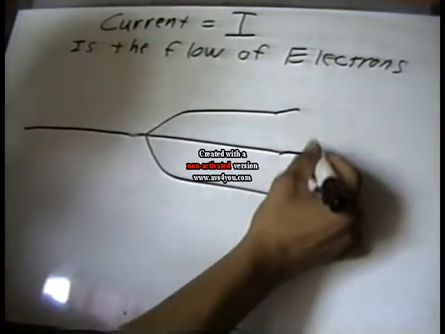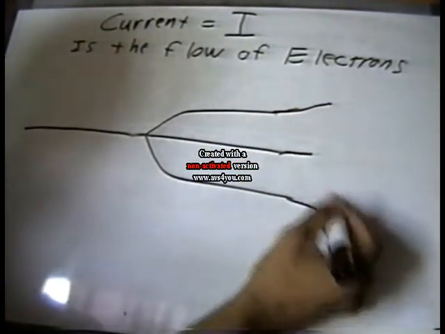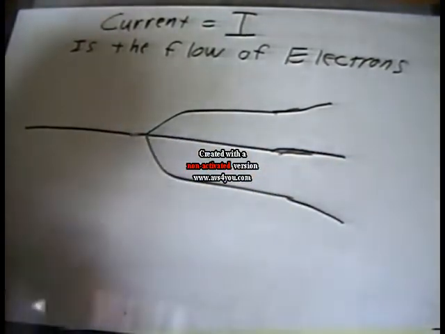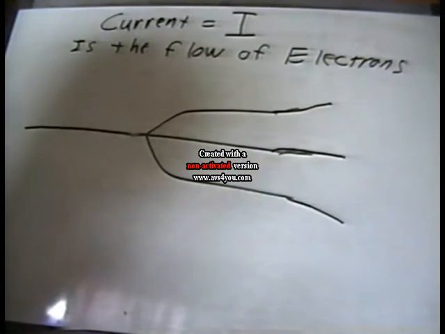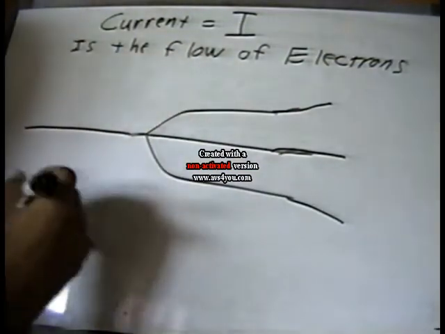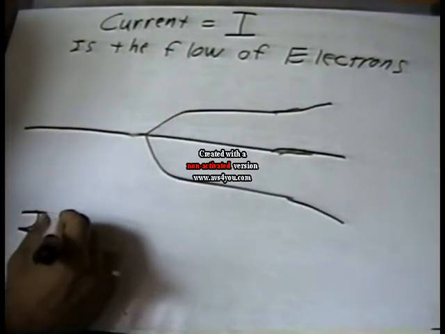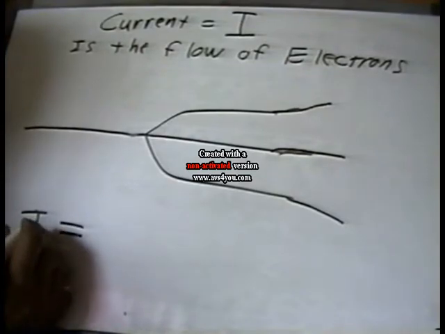Okay? So when we talk about this electric current, we can represent it. Let's say this represents the current, and then it's separated into 3 branches. Okay? It goes to 3 circuits. Here's the current, each branch. Okay?